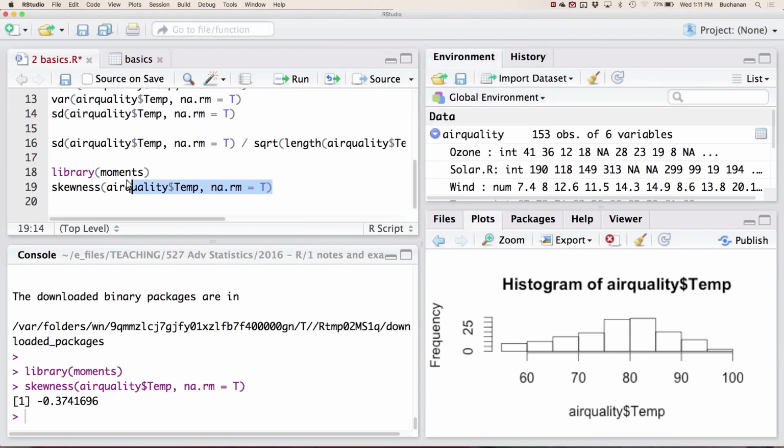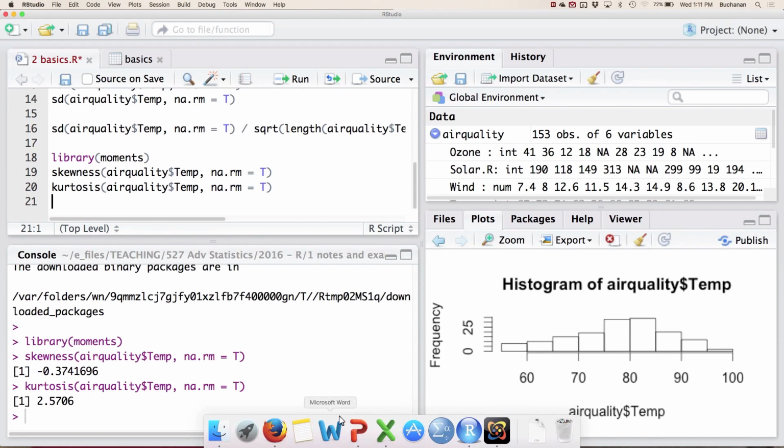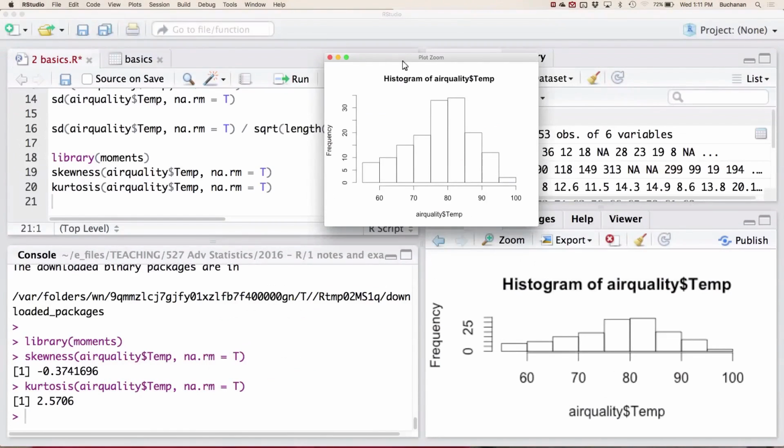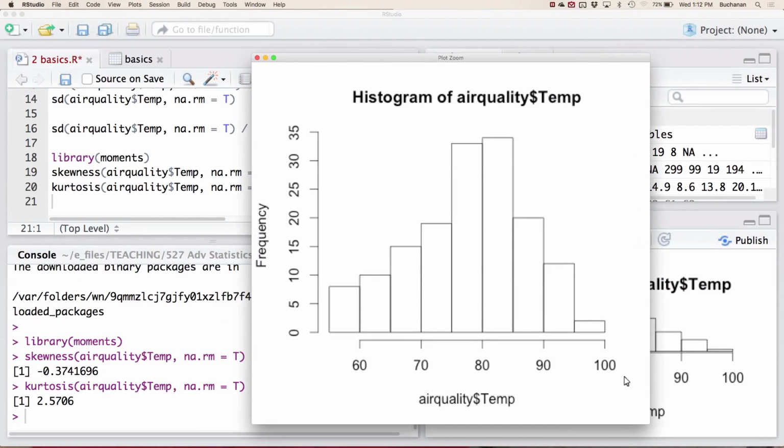And then we would do the exact same thing, except it's kurtosis. I'm glad it's not kurtosis-ness because that would be awkward. So the kurtosis is 2.57. Where'd my little plot go? There it is. Okay. And that's actually pretty high. A positive kurtosis means it's squished up.